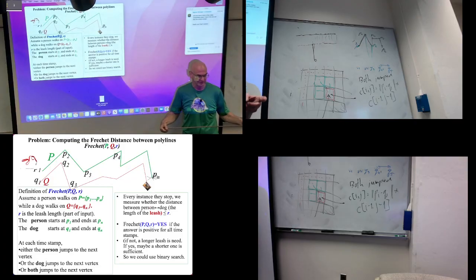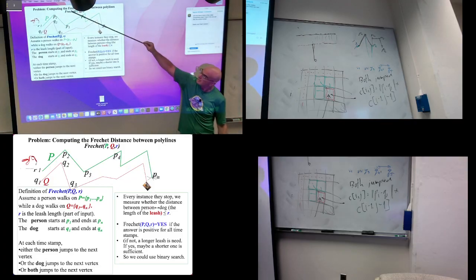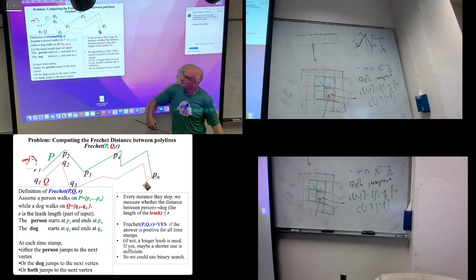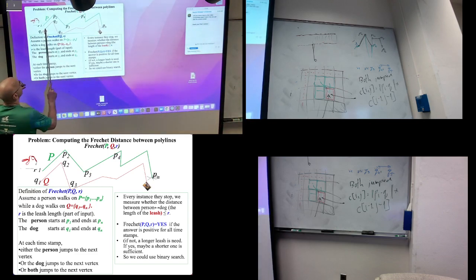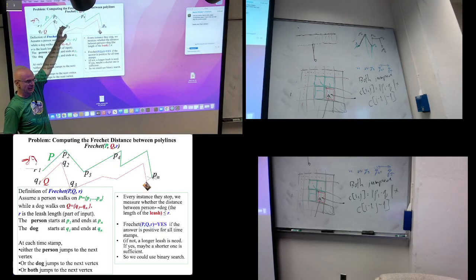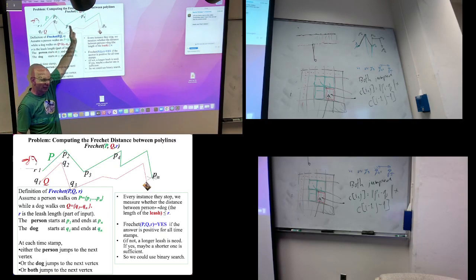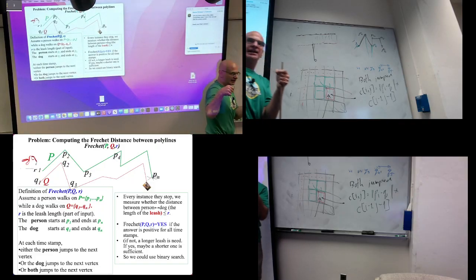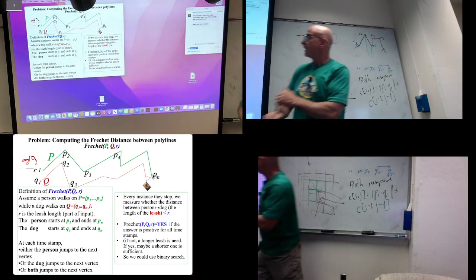And what will the Frechet algorithm return for you? The Frechet will return yes or no. Can you make the whole trip from P1, Q1 to Pn, Qn? Again, different scheduling: each one can jump or move forward whenever they want. But can you make the whole trip and never use a leash of more than R?